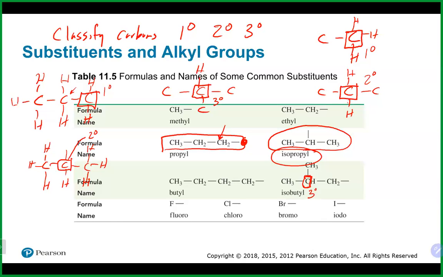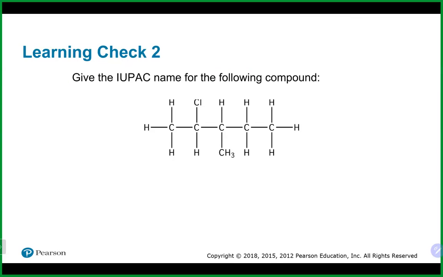And that's why it's sometimes referred to as t-butyl as well, which is a tertiary butyl group. So we can classify our carbons, and depending on the attachments, you may get some different sort of groups. This is sort of a historical name, this guy here, this one as well. But we will probably come across isopropyl more than the other one. So add that to your list of groups that you should be familiar with, because it will come up.